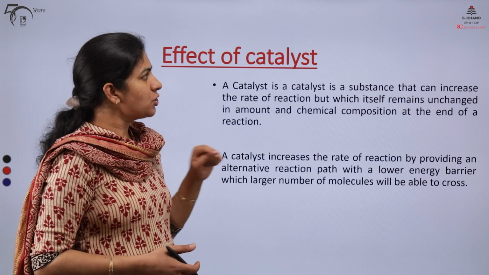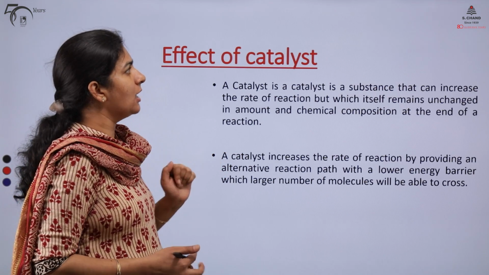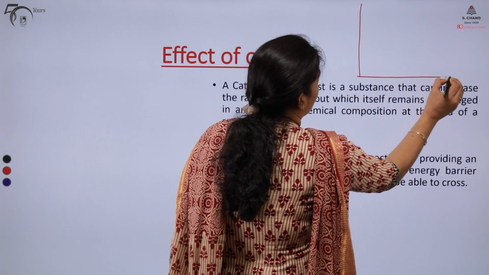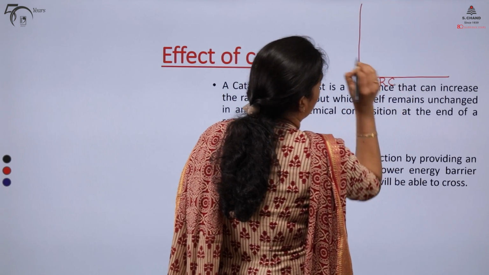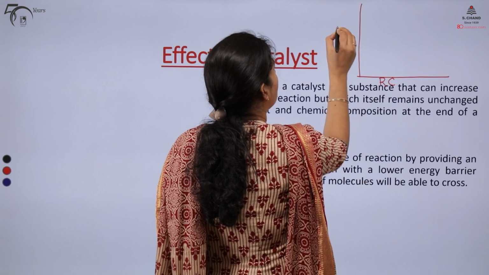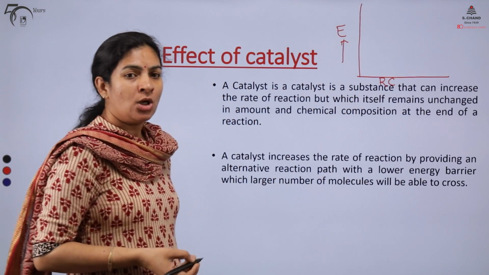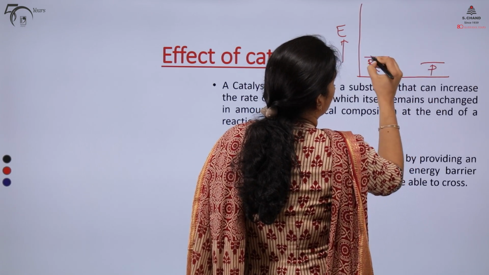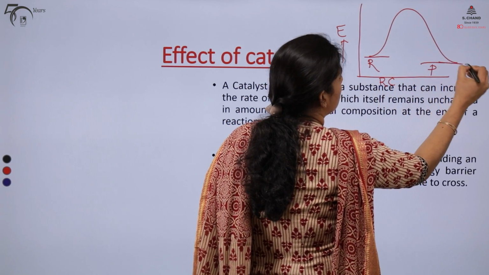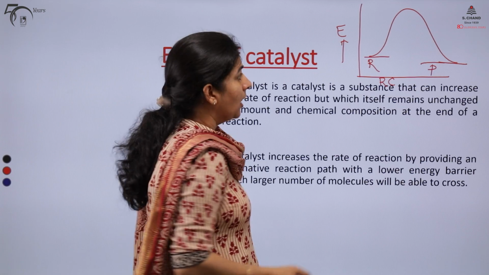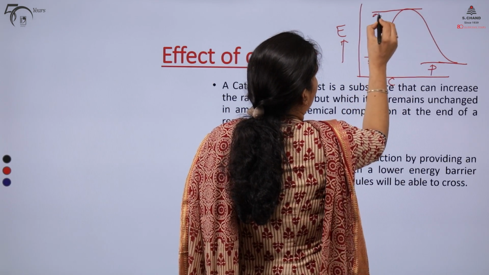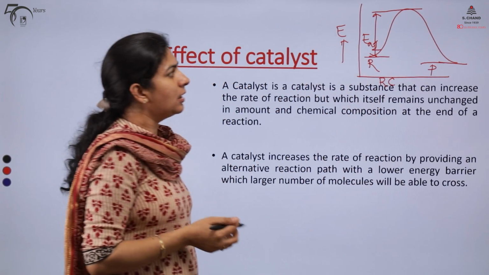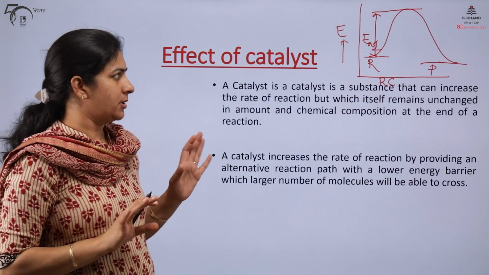But then the question comes, how does a catalyst help in increasing the rate of reaction? So let us have a look at this diagram again. This is your reaction coordinate and energy. So let's say my reactant is here and product is here, and it is following this pathway. So this is my reaction pathway, and this is my EA1, activation barrier in the absence of catalyst.